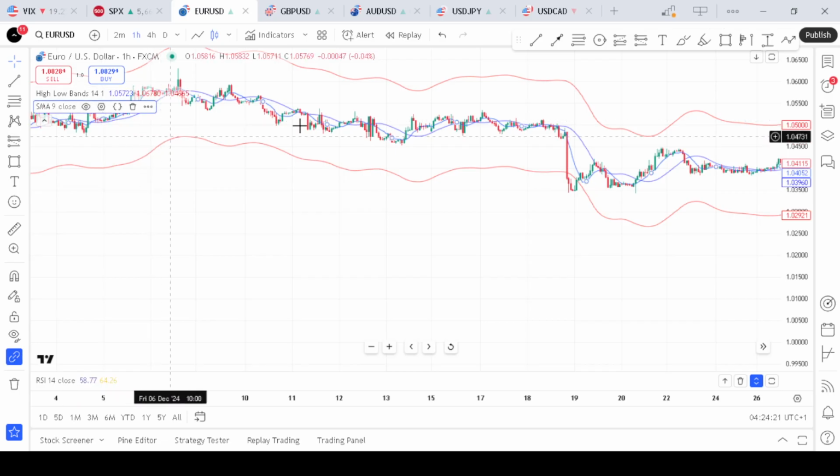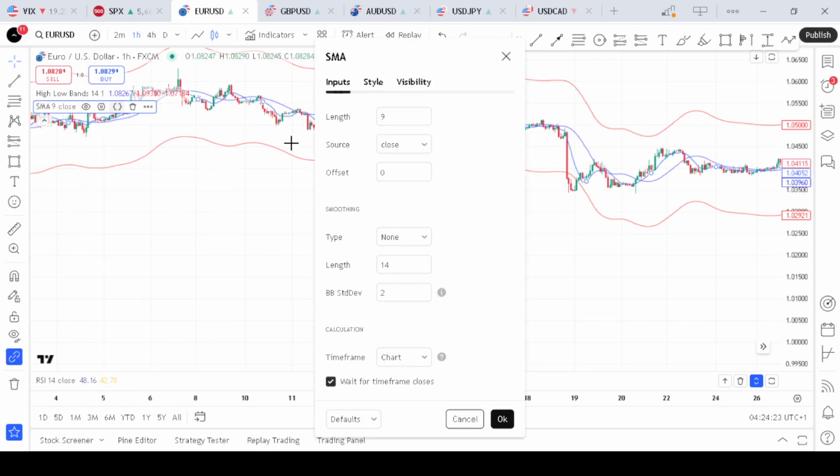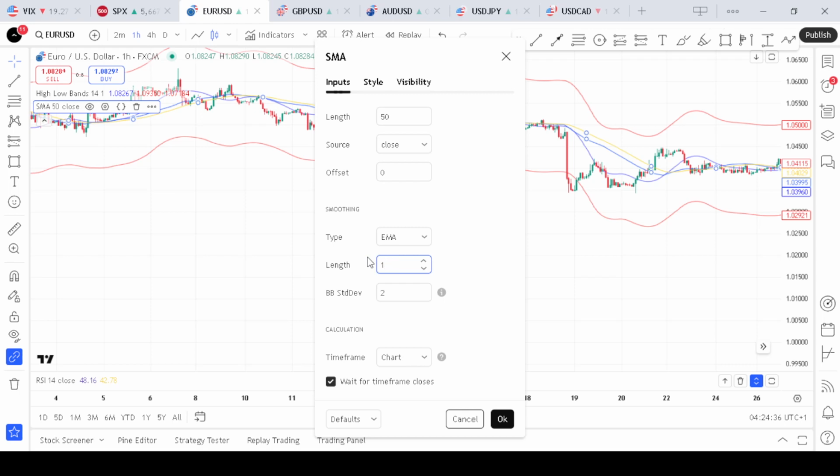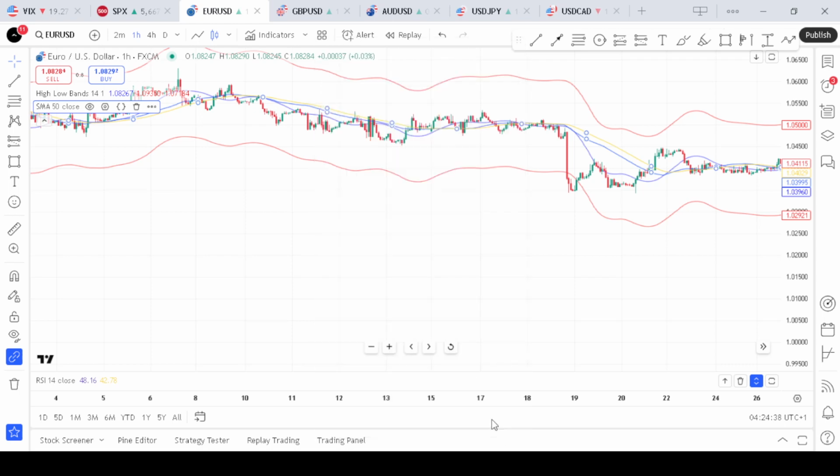So you basically set your moving average to a 50 period length, and you can set this to an EMA of 10 to smoothen out price.